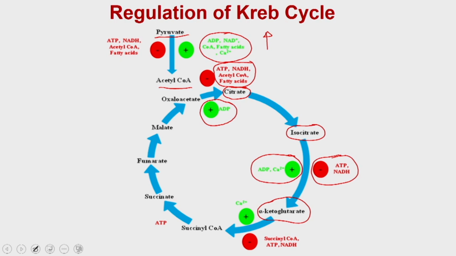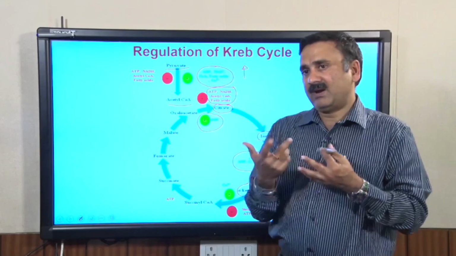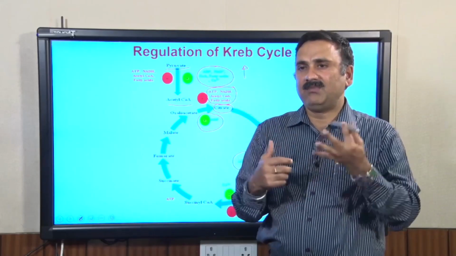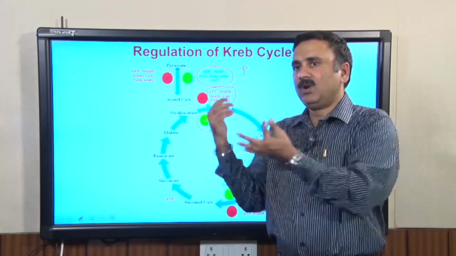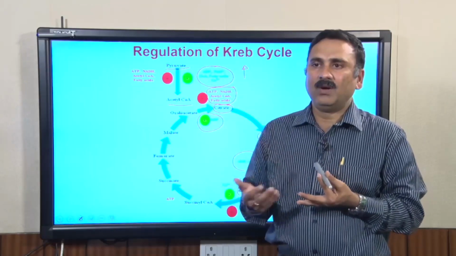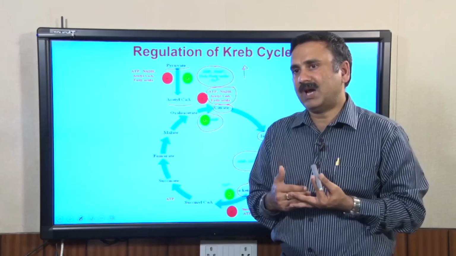So, the Krebs cycle is mostly being regulated by a feedback mechanism. If ATP is being generated and you have a large quantity of ATP, then the ATP will go and inhibit the reactions.